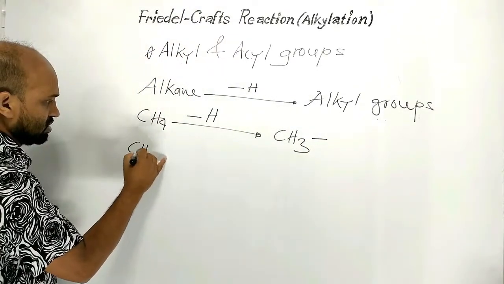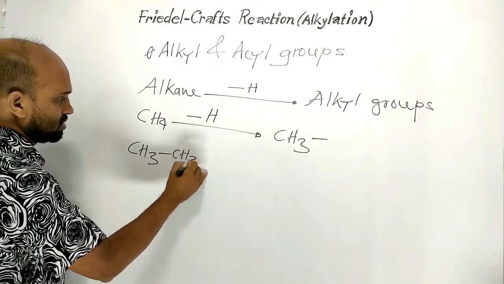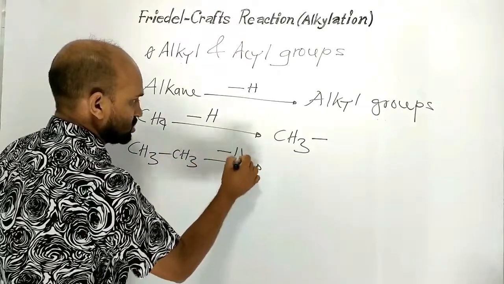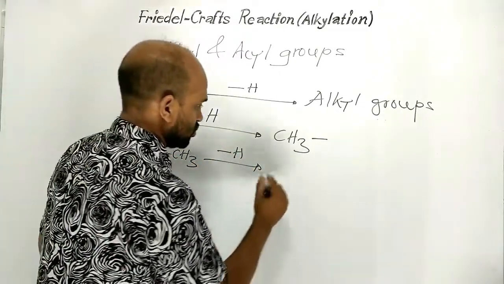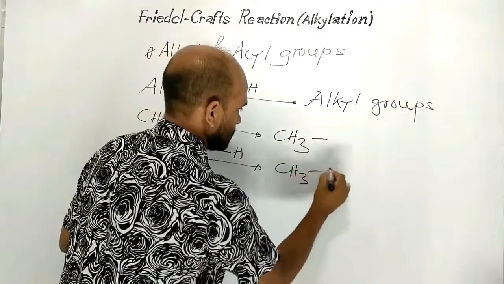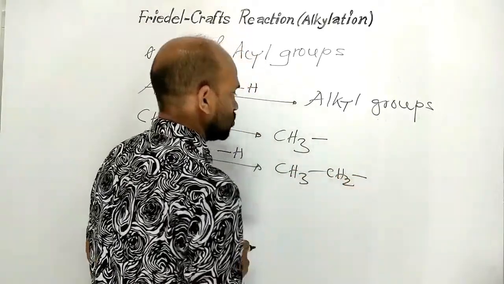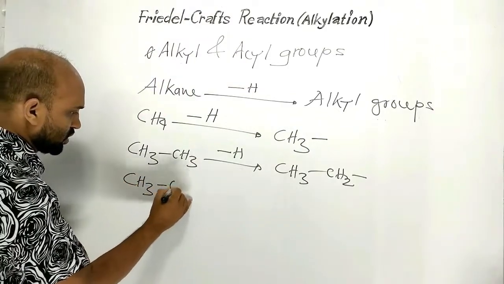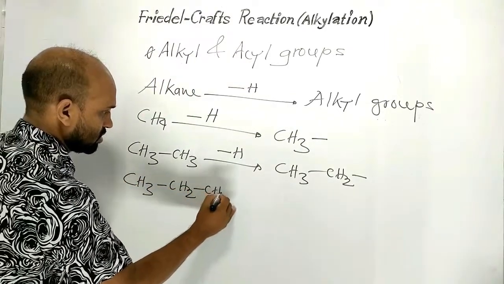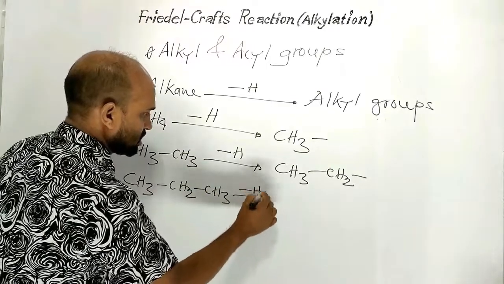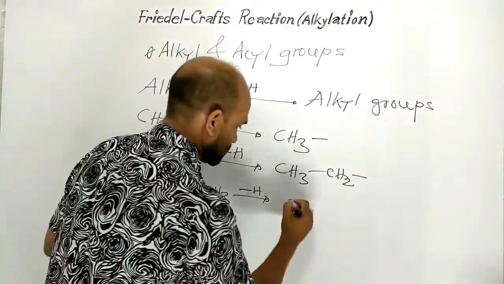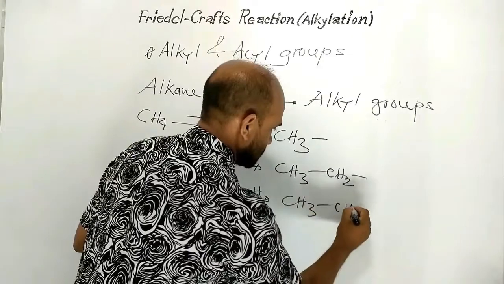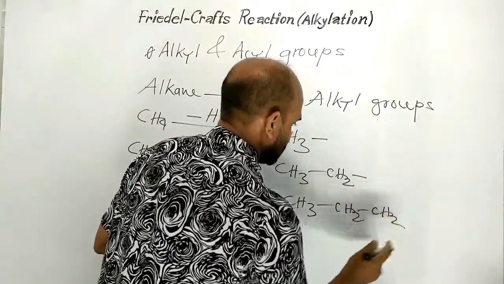From ethane, one hydrogen atom is removed, then ethyl group is obtained. From propane, one hydrogen atom is removed, then we get propyl.